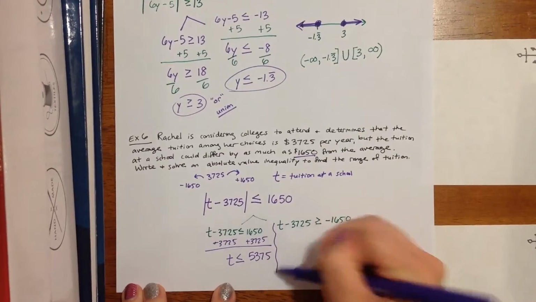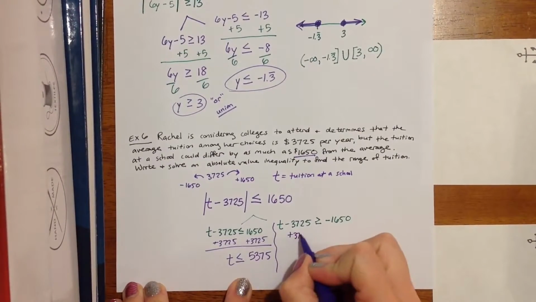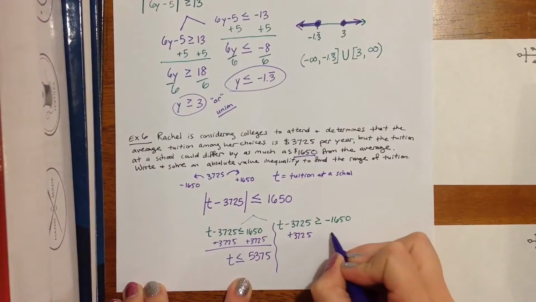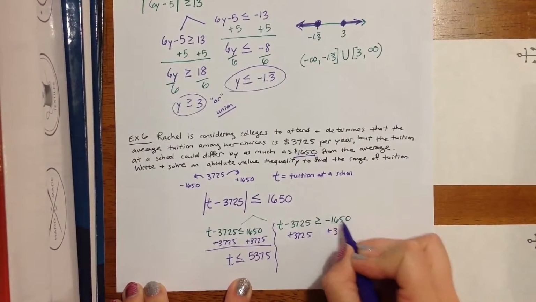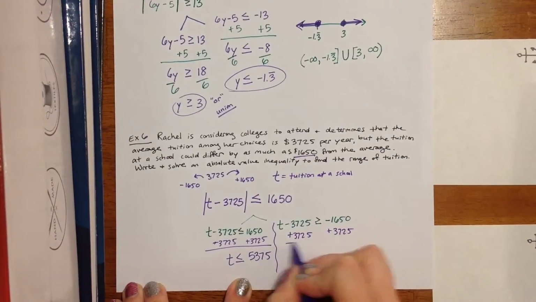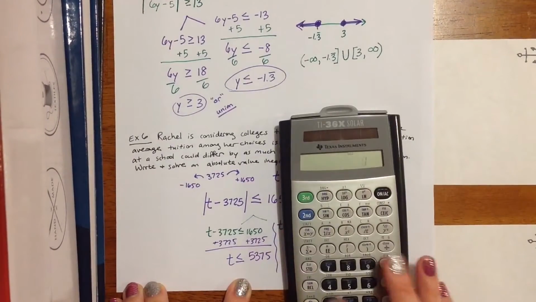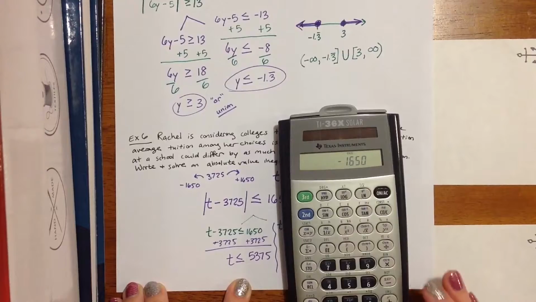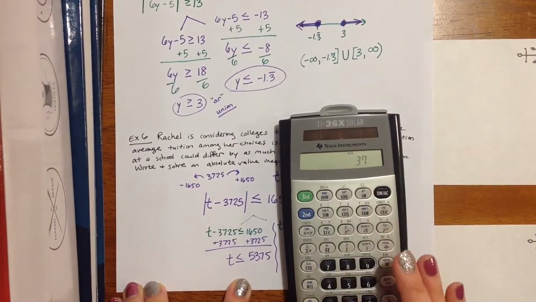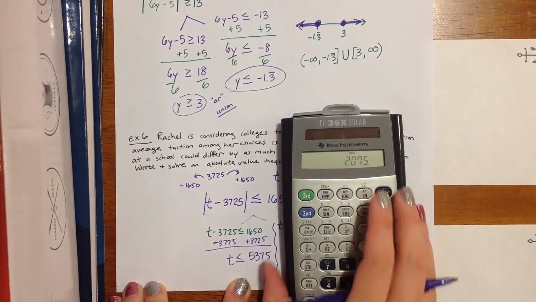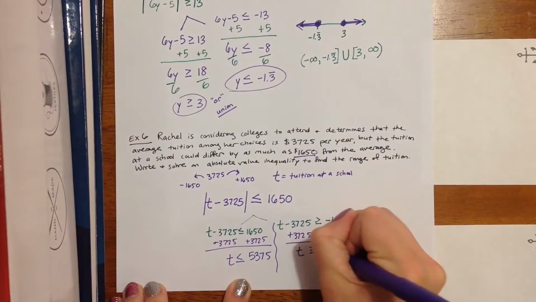And then over on the other side, I'm going to add the same 3,725, but this time I'm working with a negative 1650. So I have negative 1650 plus 3,725. 2,075 in this case.